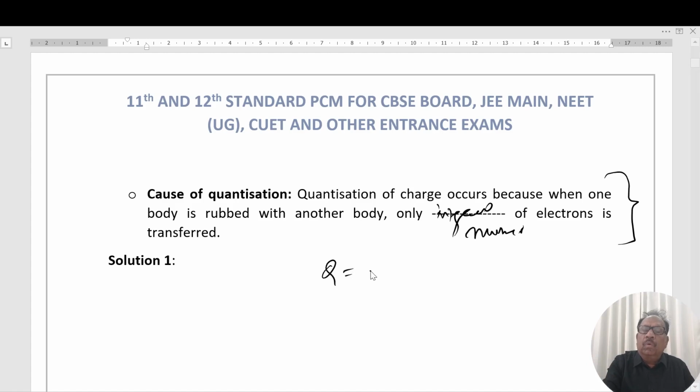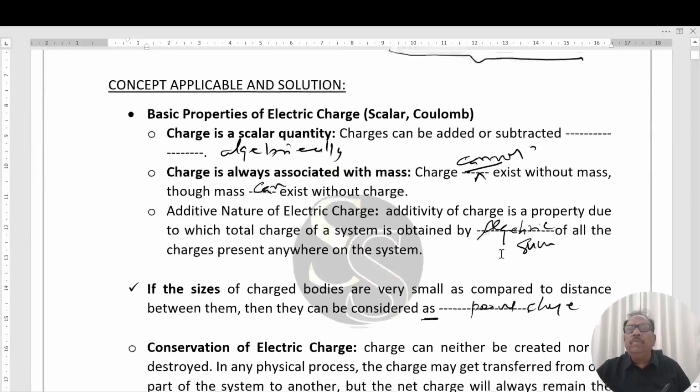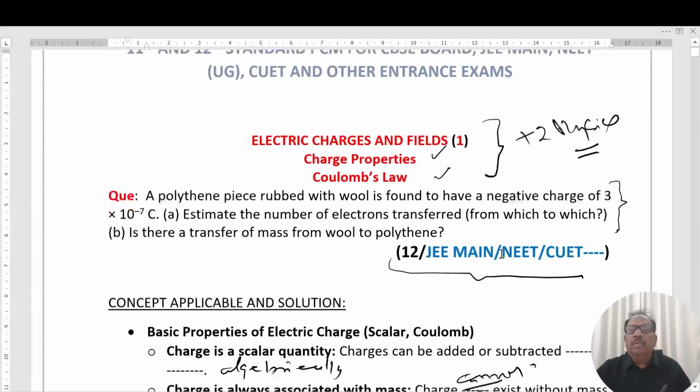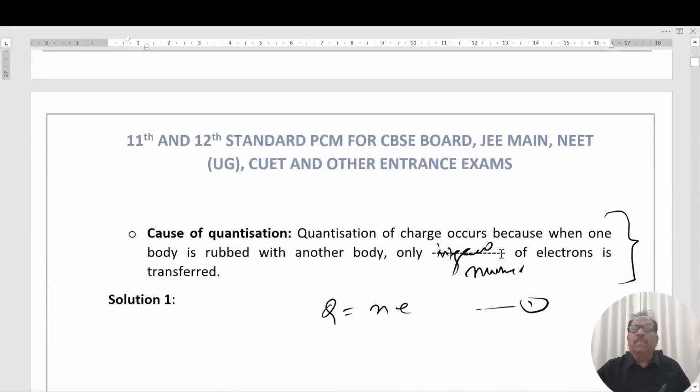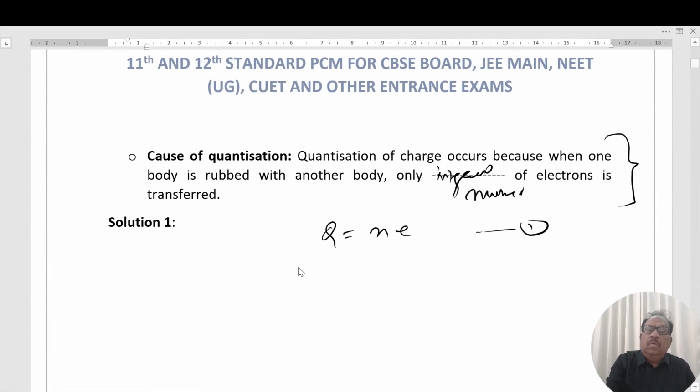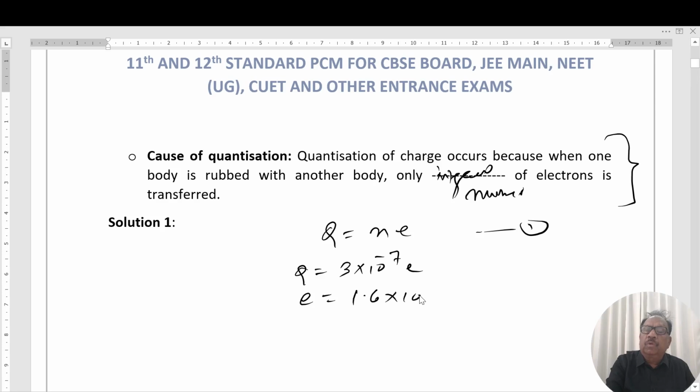Q equal to NE. According to the question, the given charge is Q equal to 3 × 10⁻⁷ Coulomb. E we know is 1.6 × 10⁻¹⁹ Coulomb. Right?